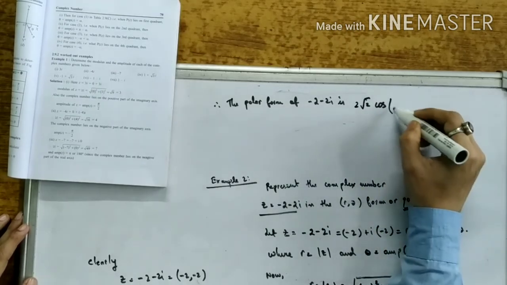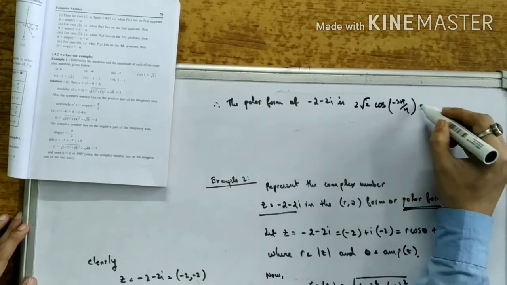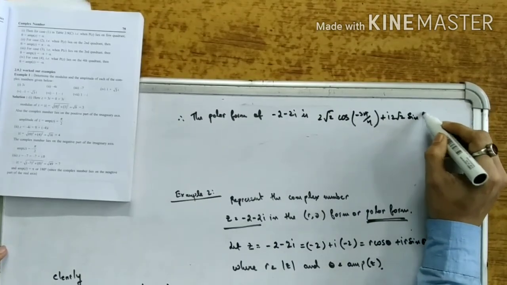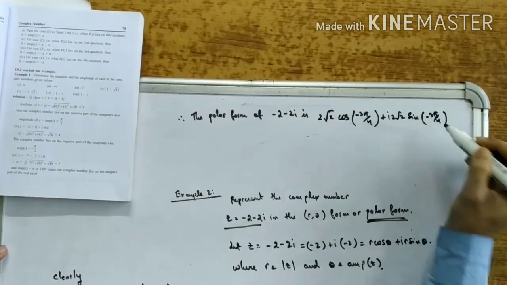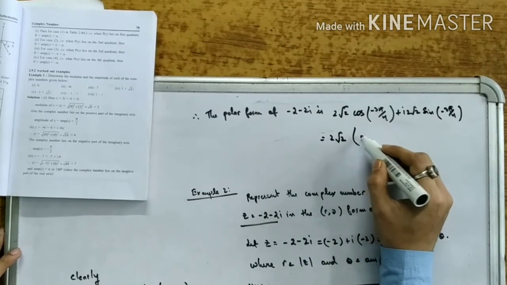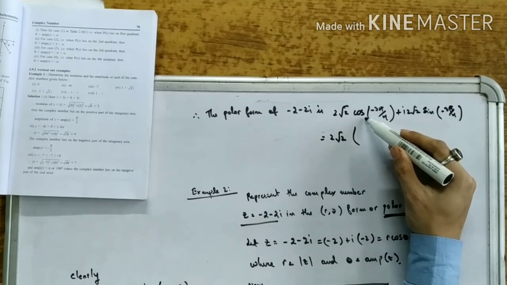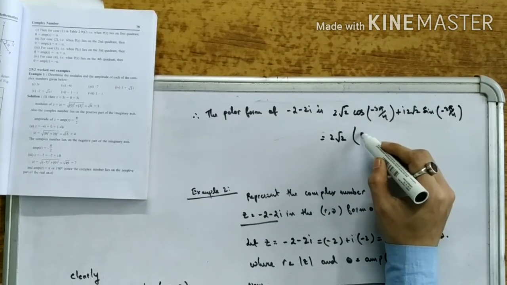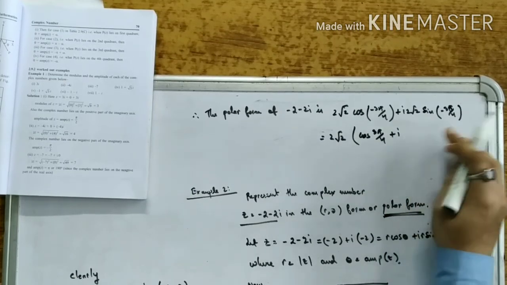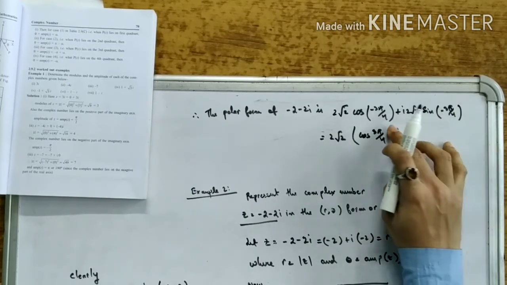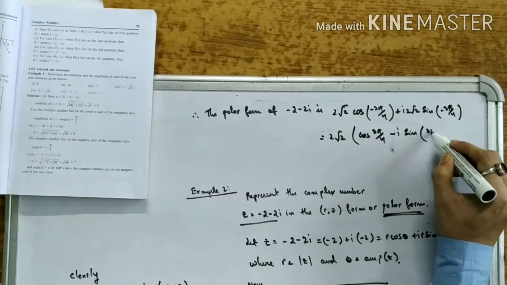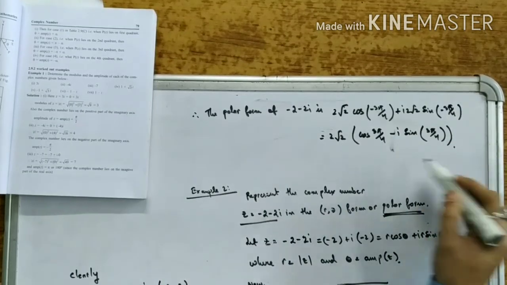In place of theta I will write minus 3 pi by 4, plus i 2 root 2 sin minus 3 pi by 4, which gives me 2 root 2 times cos negative theta, which is cos theta only, cos 3 pi by 4, plus i sin negative theta, which becomes minus sin theta, so minus sin 3 pi by 4.